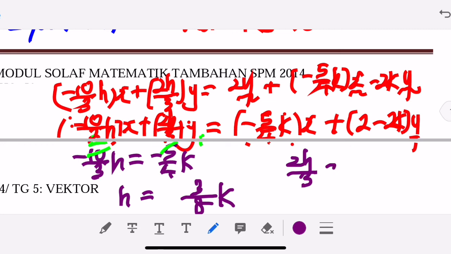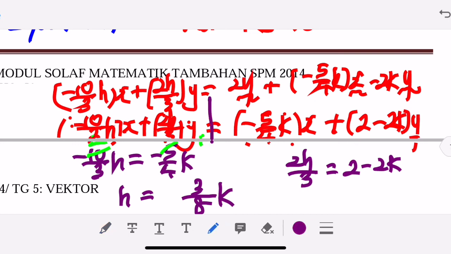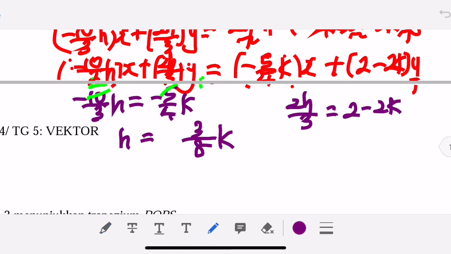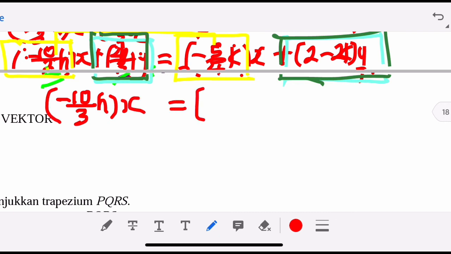Now we continue by comparing the y component. We have 2h over 3 is equal to 2 minus 2k, right? So now you need to do simultaneous equations. Let me explain to you again, because this part is quite confusing. Negative 10 over 3h is equal to negative 5 over 4k, right? So let's cancel out the x.